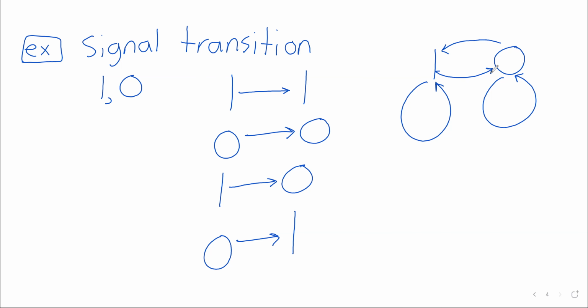So if we transmit and our 1 stays a 1, we can still think of that as a state change. It's just changing to itself. The transition probabilities are presumably fixed. So this is a Markov chain.